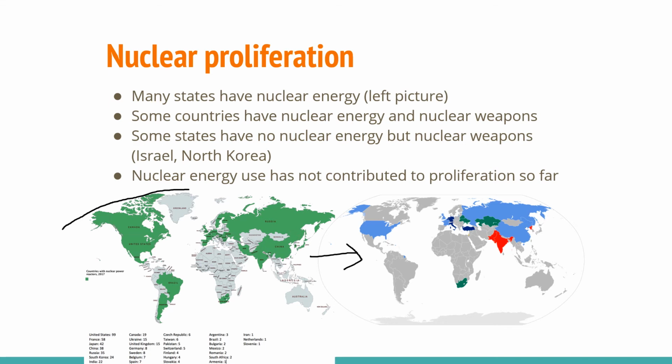Let's start with the United States. Of course, they have nuclear bombs because they were the inventor of that. And some more countries: France, Great Britain, Russia, the former Soviet Union, and China.